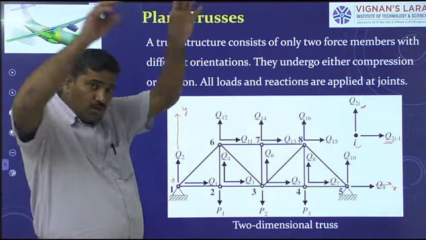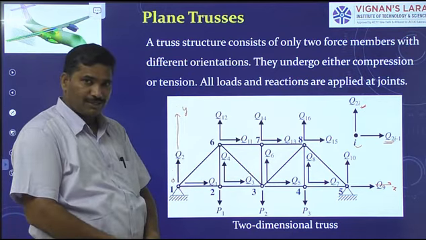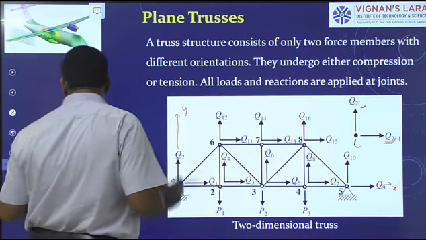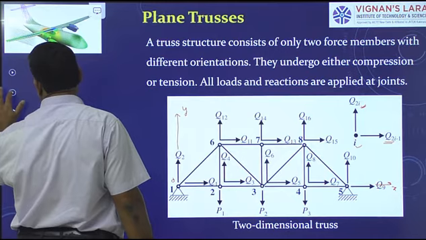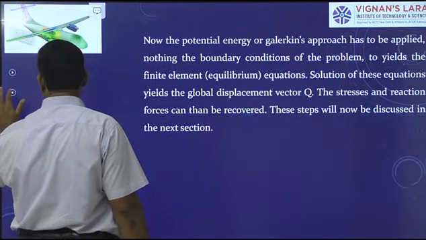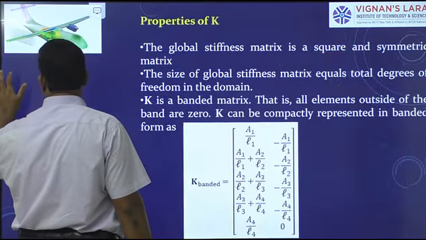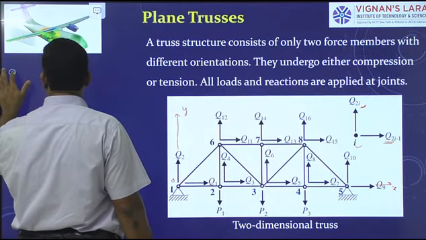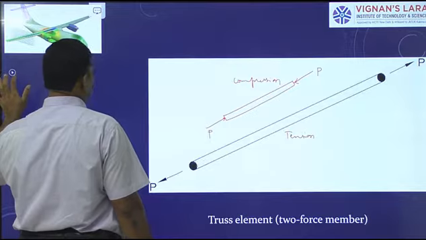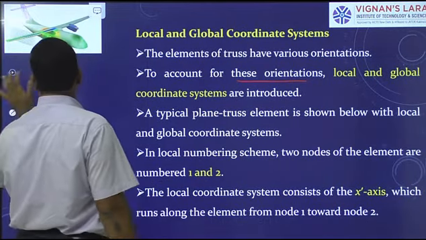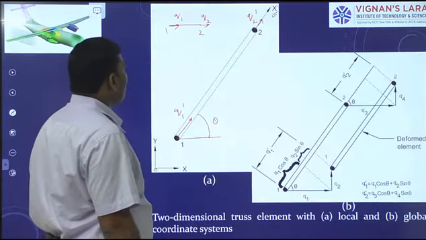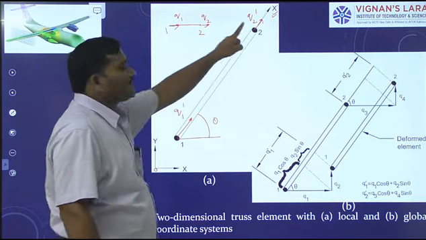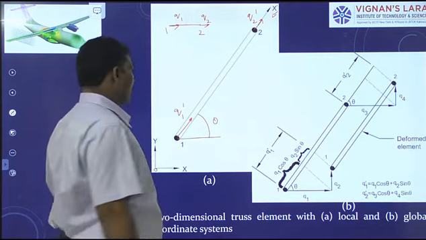When you take the whole domain into consideration that is so, but when you take each truss element as a subdomain, as a finite element, the behavior of the truss element looks like the behavior of a two-noded bar element with respect to the local reference.